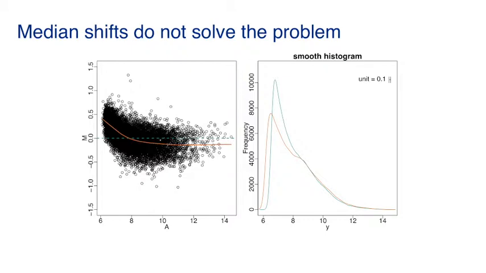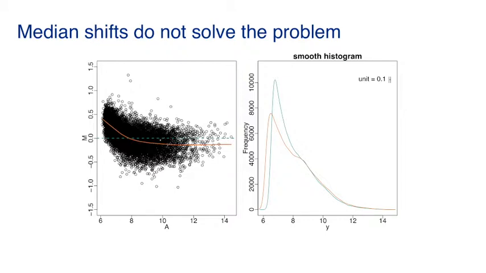They're now roughly aligned, but there's still that weird curve. If I were to rank these genes in order of which one's more different in the orange versus the green, I would get this bias where all these low expressed genes appear to be bigger in the green, and over on this side, we have all the genes that appear to be bigger in the orange, and that can't be right.